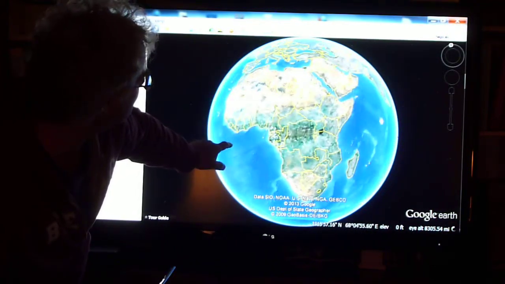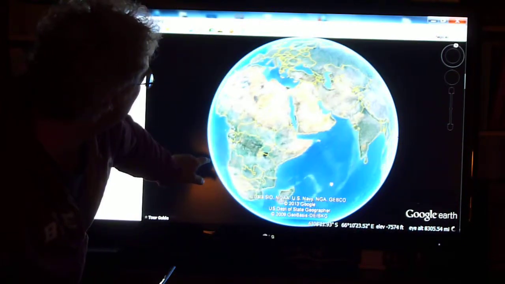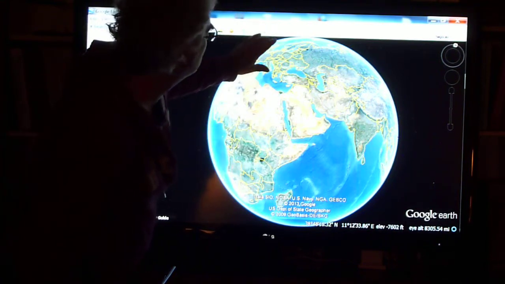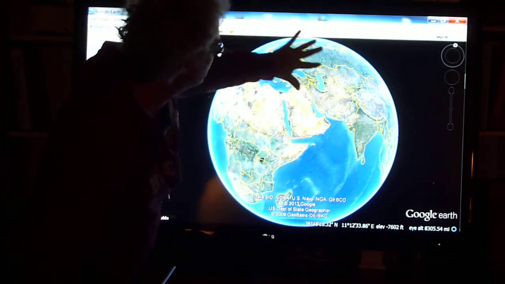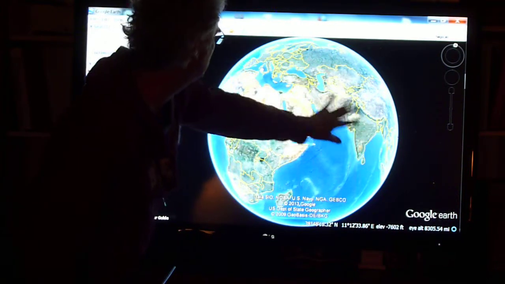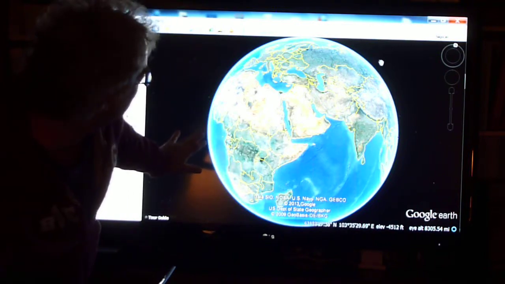It is because old Africa could possibly have been Europe and India, as it travels up north going this way.